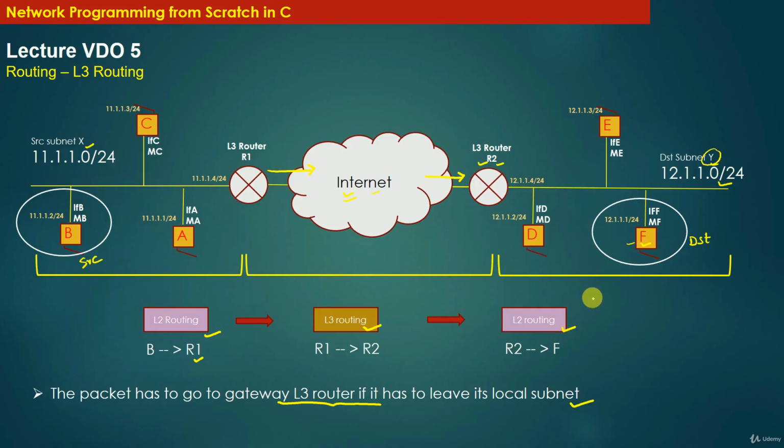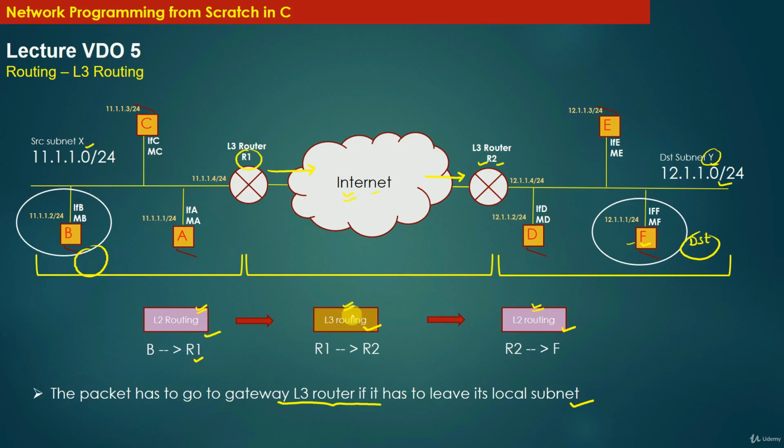So you can see that when the packet travels from the source machine to the destination machine, there is L2 routing followed by layer 3 routing followed by L2 routing again. The first instance of layer 2 routing is responsible for taking the packet from the source machine to the gateway router R1.